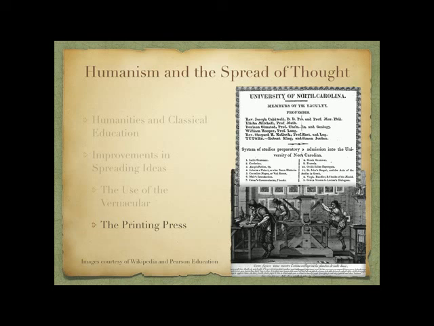Again, we'll capture the topic in much more depth in class, but that works were not only in the local language, but could now be produced en masse, changes the face of education forever. Not just schools, but the very question of what it means to be a knowledgeable human being is changing because of these inventions and changing trends in thought.